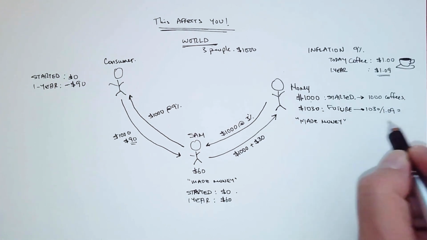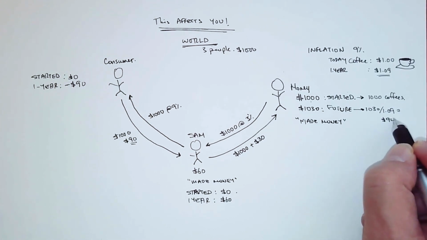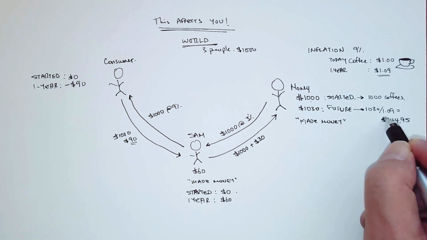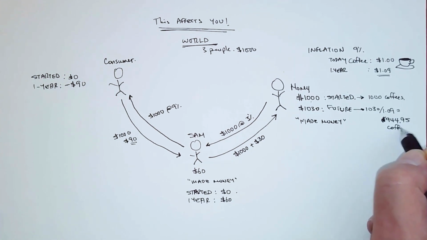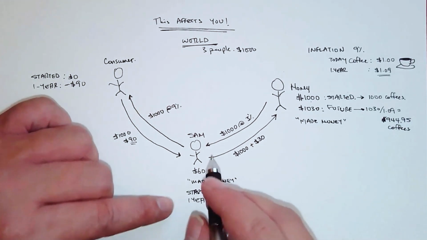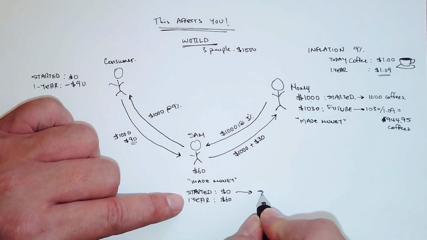That's equal roughly to 944.95. I'm sorry, not dollars. This is coffees. So he went from being able to afford 1,000 coffees to being able to afford 944 coffees. Sam was able to buy 0 coffees.